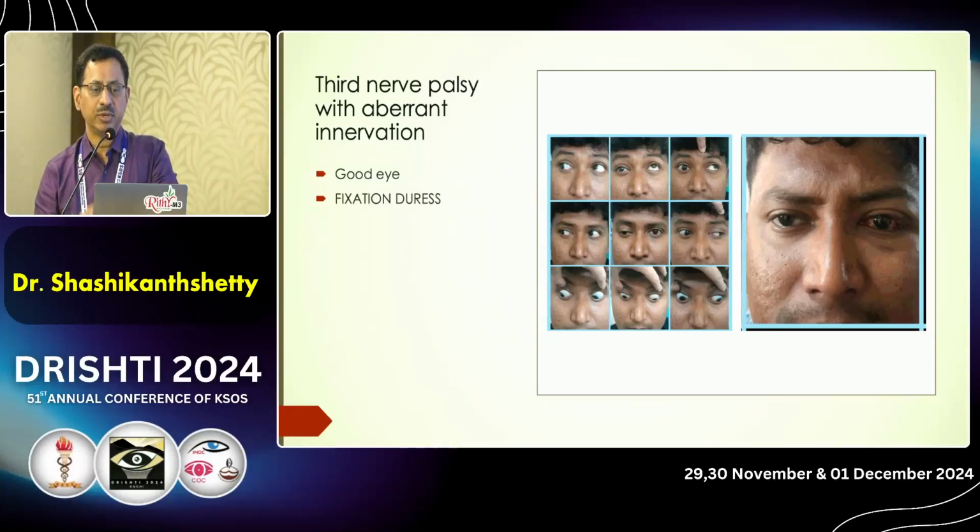As you can see in this photograph, in the primary position there is a ptosis, and when the patient looks in levoversion towards the left gaze, you can see the ptosis getting better. This is the inverse Duane sign. So those patients who have this inverse Duane sign, we don't operate on the eye with the third nerve palsy, we operate on the other eye.